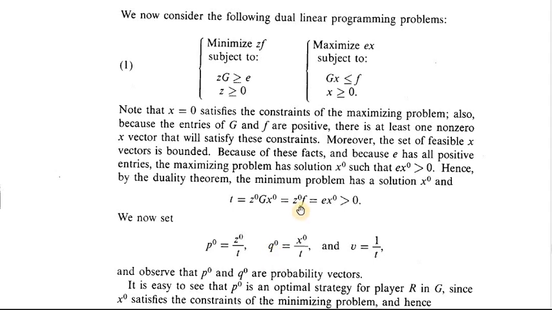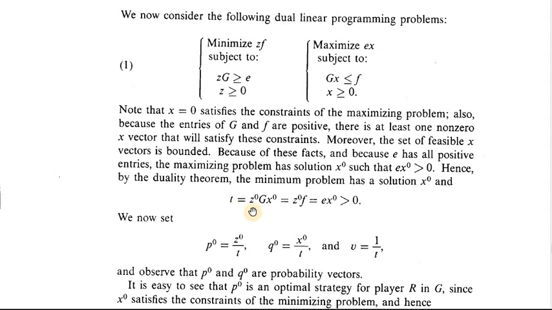So what you do is you take your Z0, which you obtained when you minimized this problem, and divide by T, which is the minimized value. Now, if I take Z0 and divide by T, I get a vector. Is this a probability vector? The answer is yes.